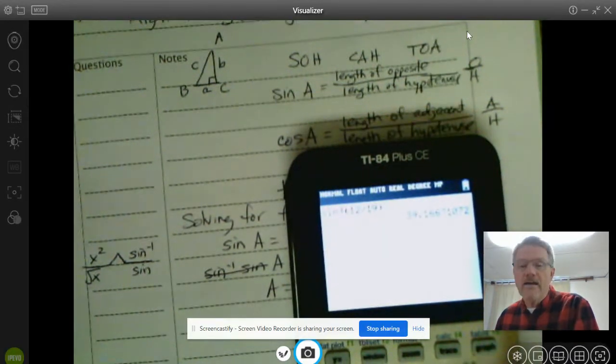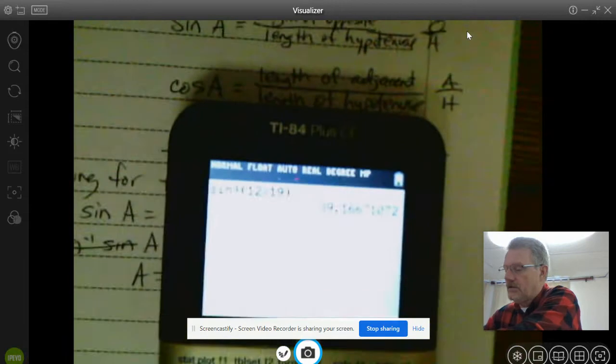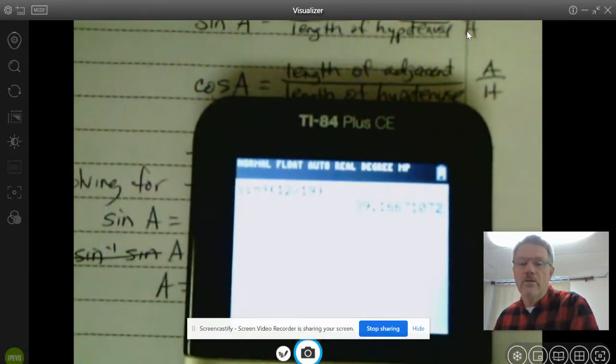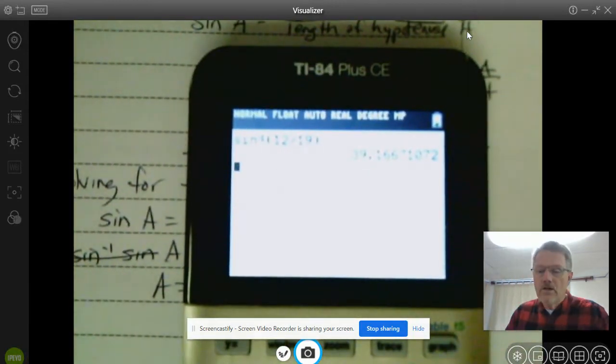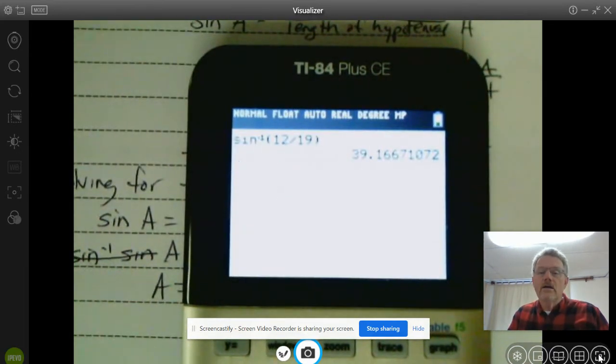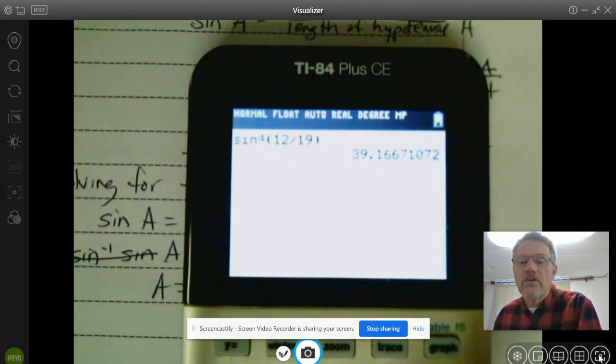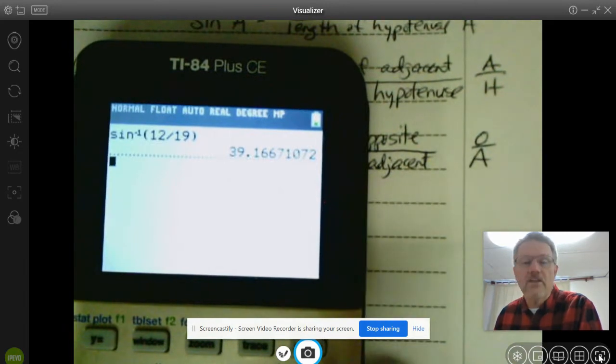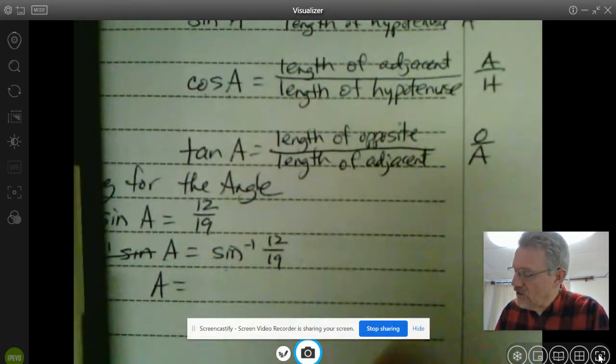That angle is really blurry. Let me see if I zoom in a little bit. Yeah, it doesn't help much. It wasn't the best, but it's better than it was. So rounding to 3 decimal places, it's going to be 39.167 degrees.